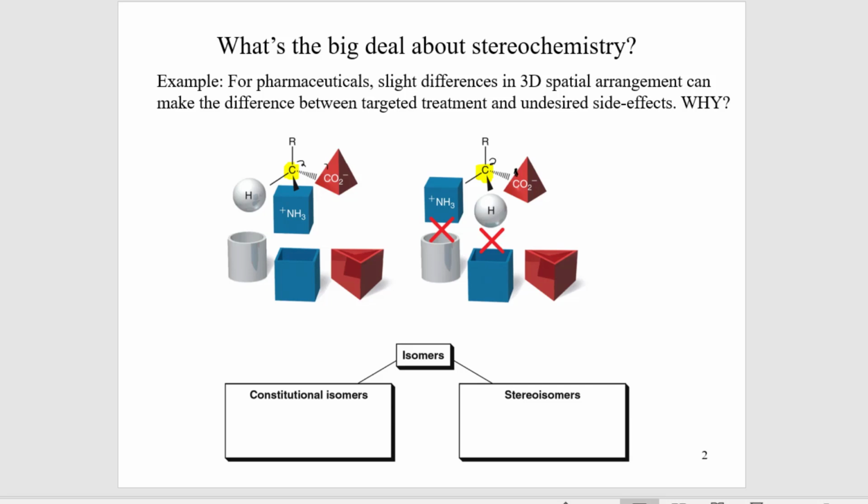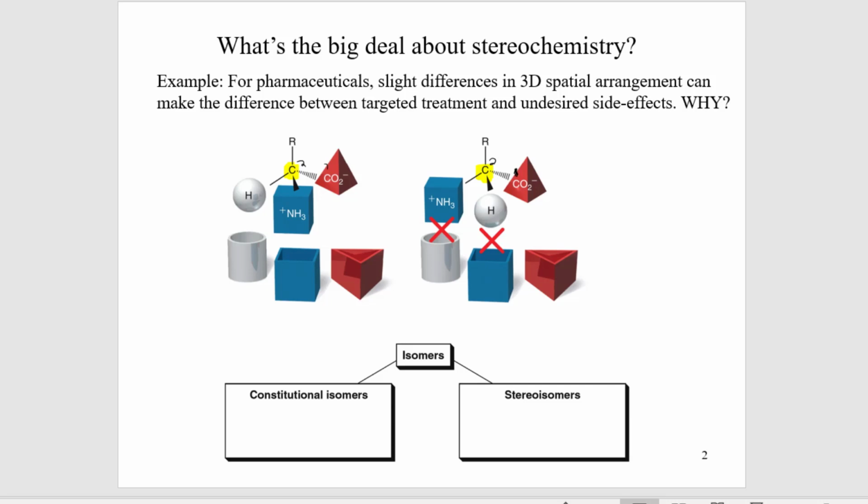I've got two carbons. And in both cases, carbon 1 has a carboxylate group, CO2 minus. Carbon 2 has an R, an ammonium, an NH3 plus, and a hydrogen. So these two molecules, as presented, have the same molecular formula and the same connectivity. Everything's connected in the same way.